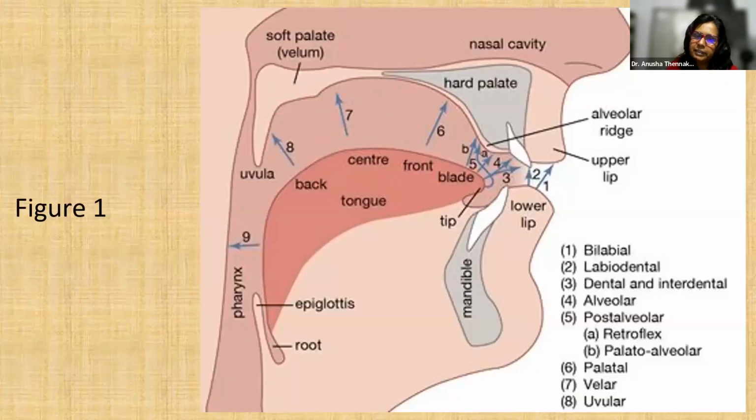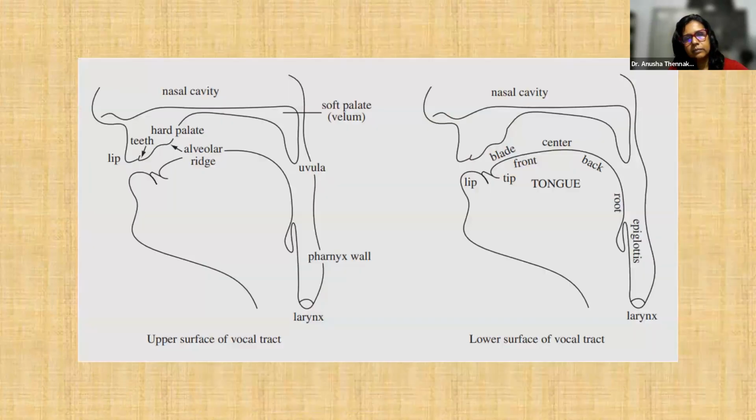Then I did explain this figure. I hope you might have studied them at home. Here is the upper surface of the vocal tract and the lower surface of the vocal tract, and we did explain this.